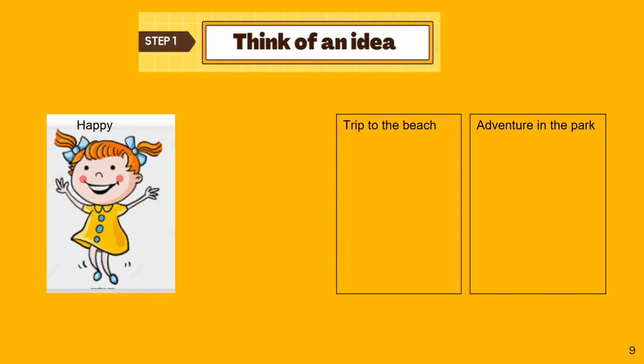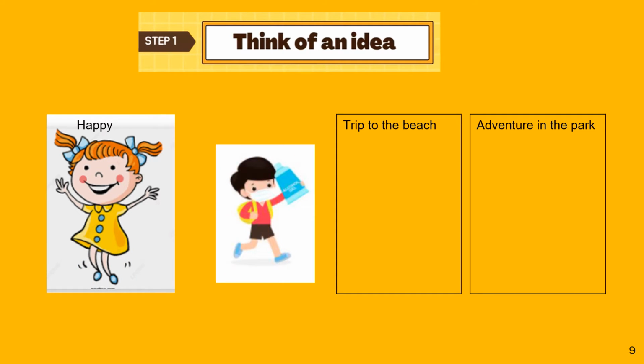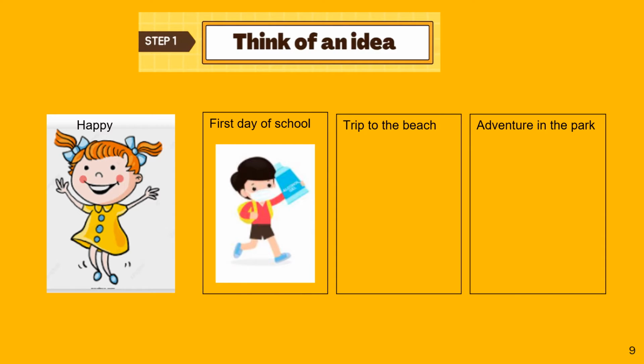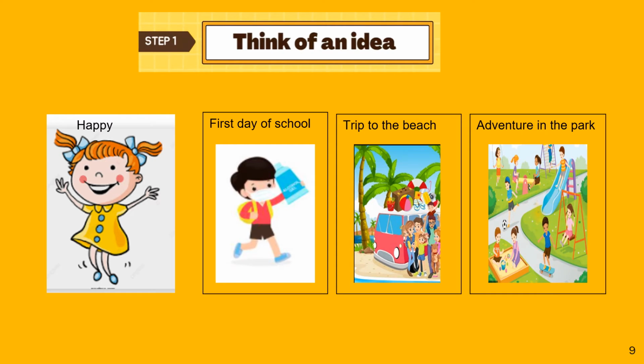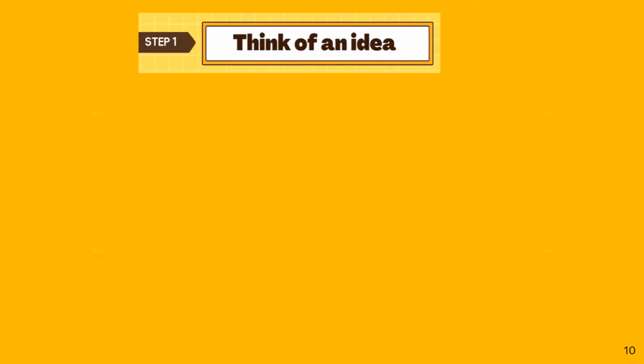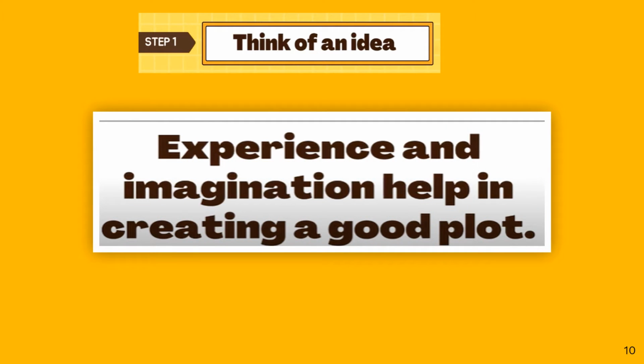You can get inspiration from real life experiences like the first day of school, a trip to the beach, and an adventure in the park. Experience and imagination help in creating a good plot.